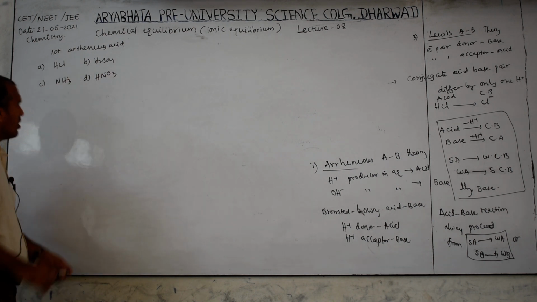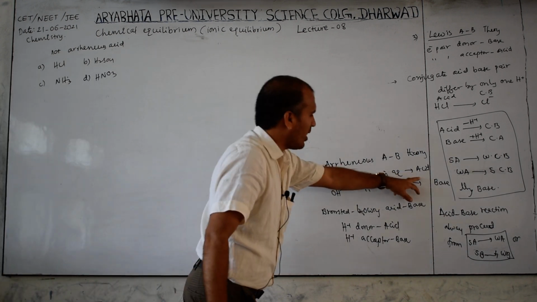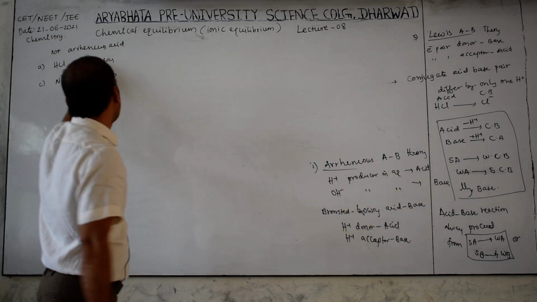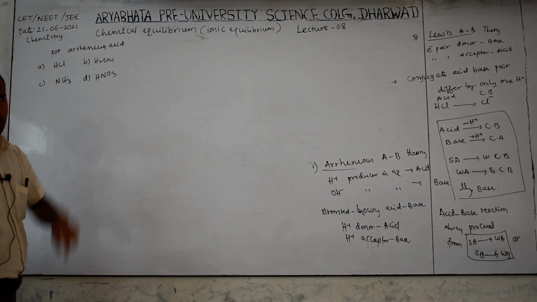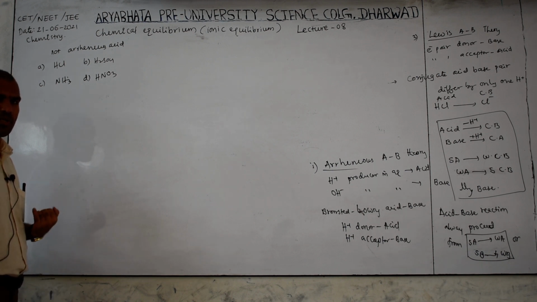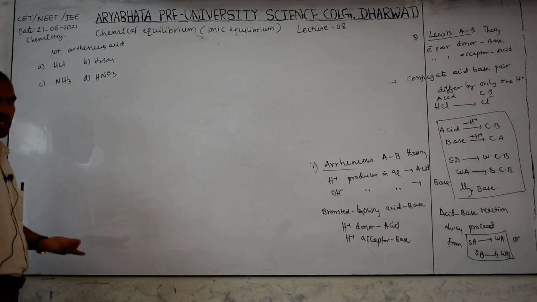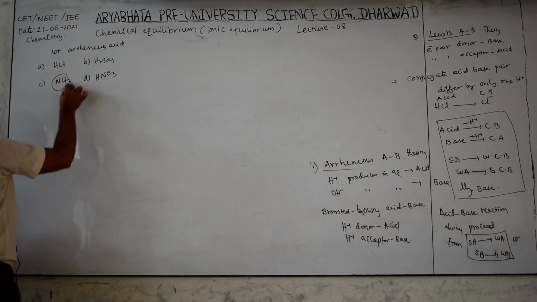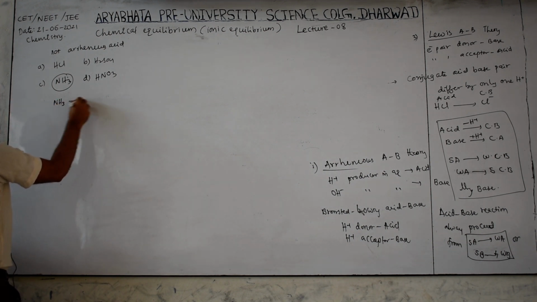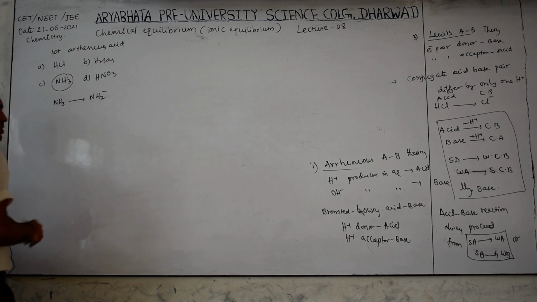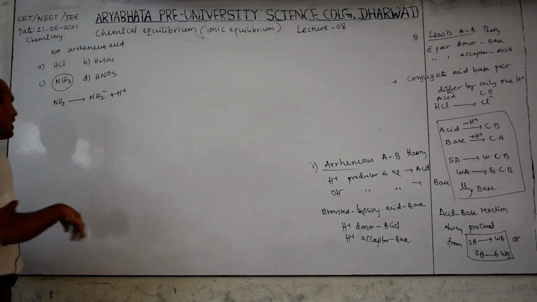HNO3 consider. Now this will be an H plus producer in aqueous solution, acid. This is also acid, this is also acid. This is acid according to which theory? Bronsted-Lowry theory. Proton donor is acid, proton acceptor is base. Now consider NH3, it converts into NH2 minus, so it donates the proton, therefore it also acts as an acid, and also acts as a base.